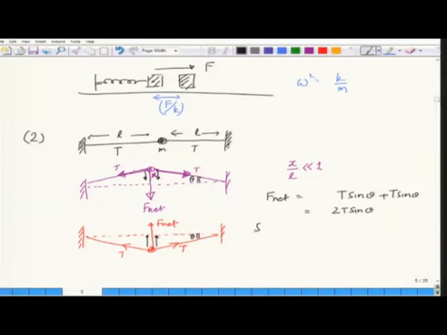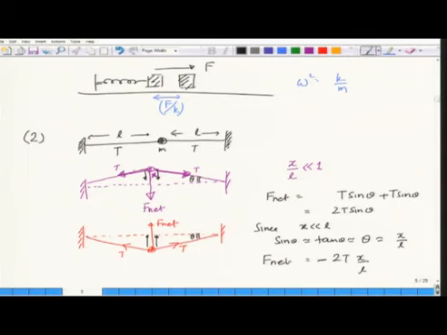Since x is much less than L, sine theta is roughly the same as tan theta, which is roughly the same as theta, which is x over L. Therefore, F net is going to be 2T x over L, and in the direction opposite to the displacement. Therefore, I am going to put a minus sign in front.